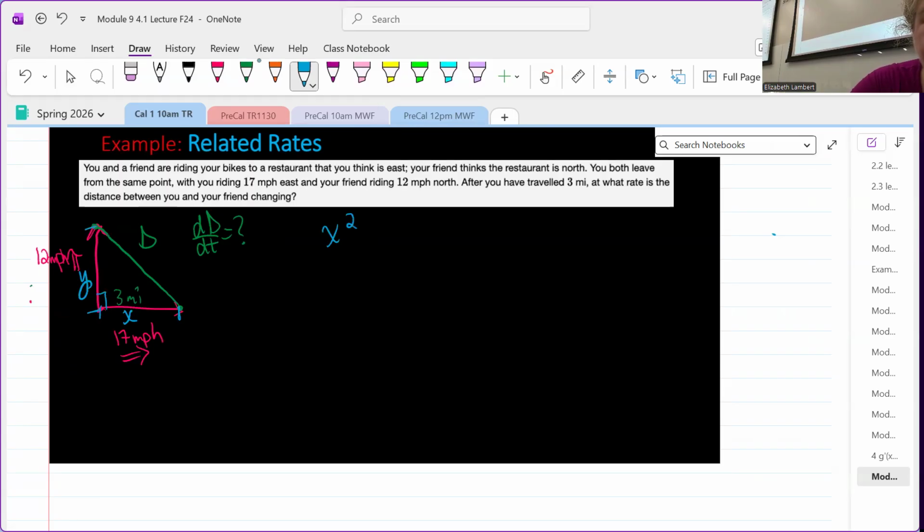So now I've got x squared plus y squared equals d squared. Now, I'm going to take the derivative and I'm going to have 2x dx/dt plus 2y dy/dt equals 2d dd/dt. Well, we may as well just write it.